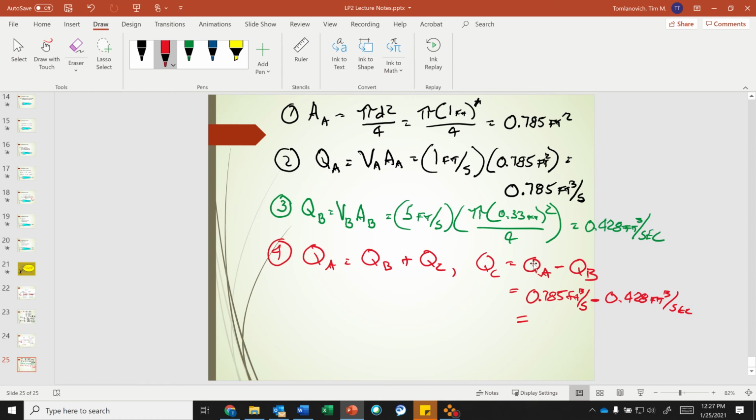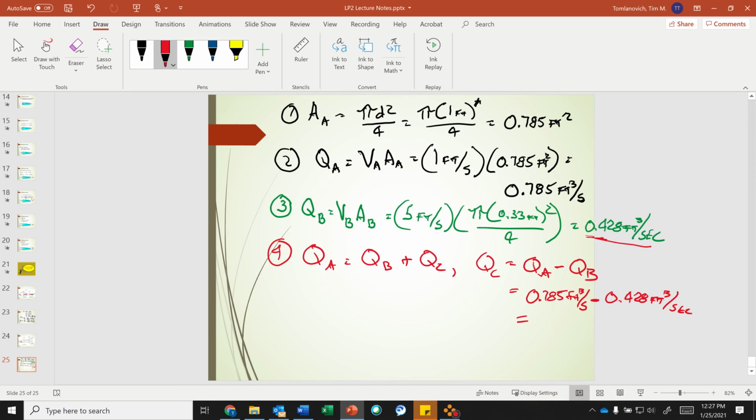QB, did I do that right? Let me double check here. I just want to check this. Pi times 0.33 squared, divided by 4, times 5 equals 0.428. Yes, cubic feet per second.